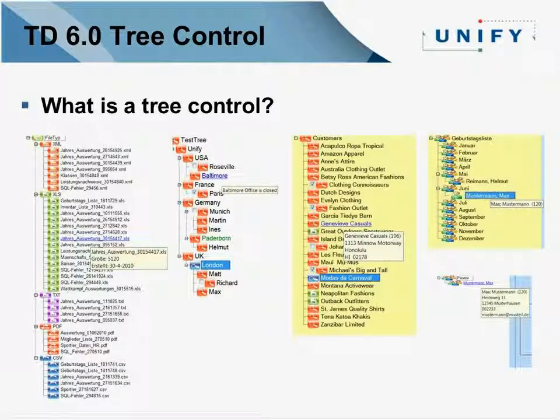Let's first have a look at the tree control itself. I have a few code samples and code snippets of the tree control from several applications I run. On the left side you can see I filled the tree control with some information out of the file system. The second one is manipulated by hand.